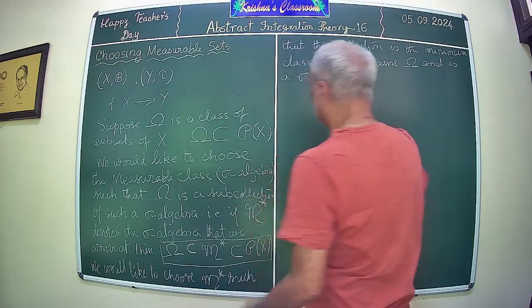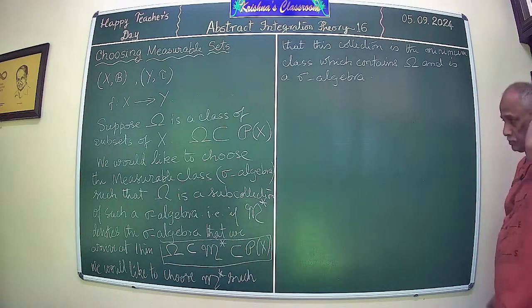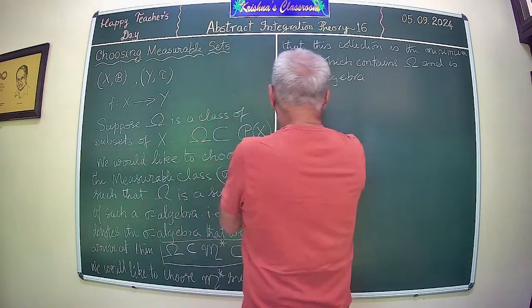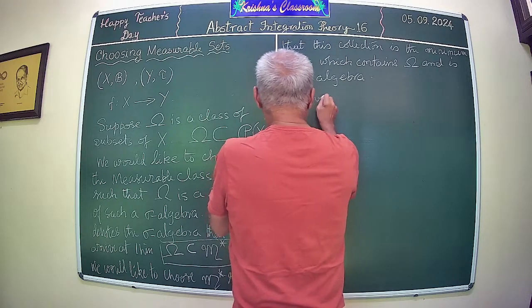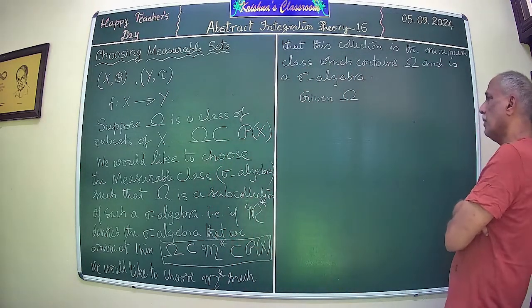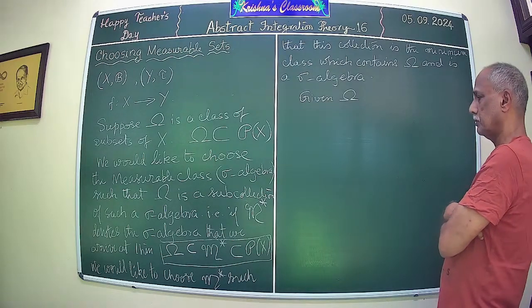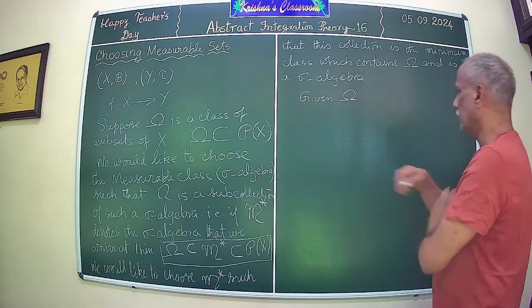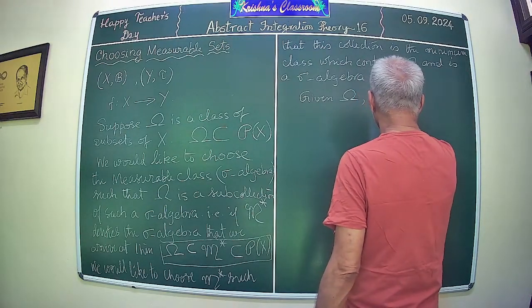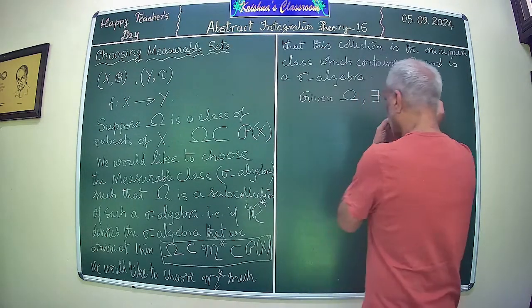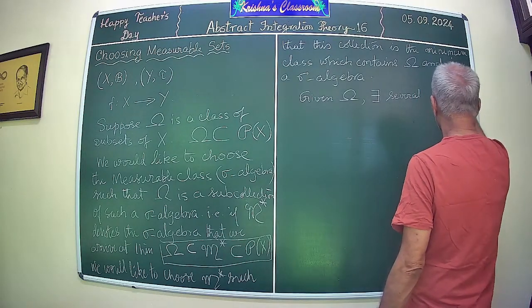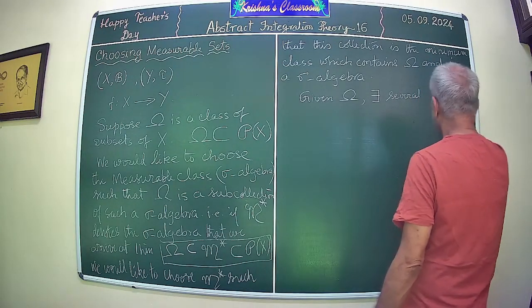So how do we do this? First of all, we observe that given omega, I'm talking about a non-empty collection, there exist several sigma algebras containing them.